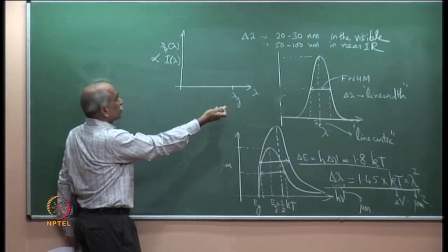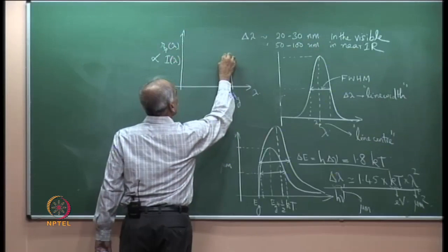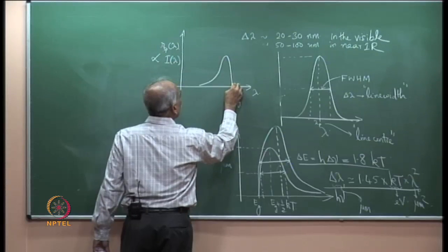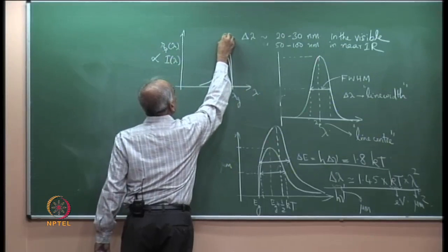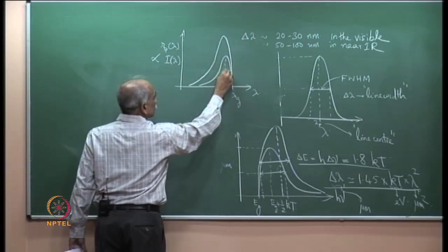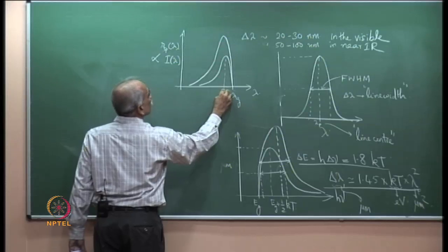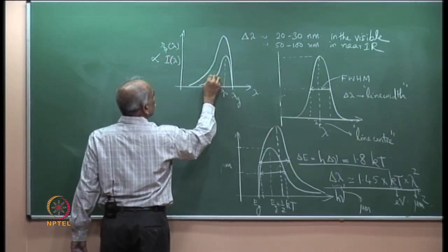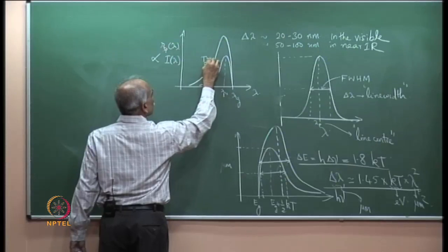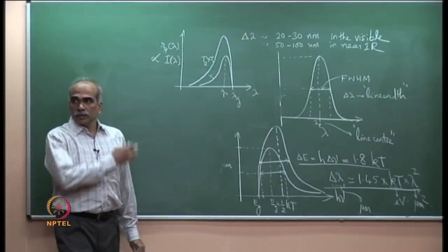So if I want to plot with respect to lambda, theoretically we should expect a curve like this, and at a higher temperature we should expect a curve like this. So this is lambda p1, corresponding to temperature T1, and this is at temperature T2, which is greater than T1. Is this graph clear?